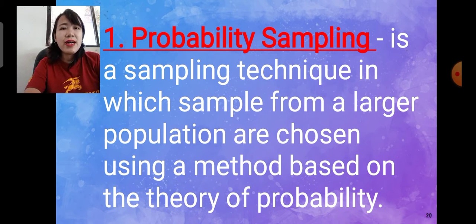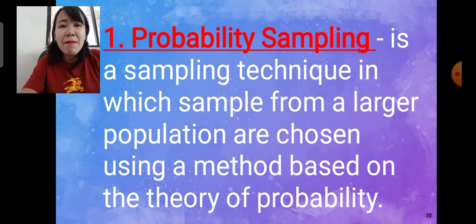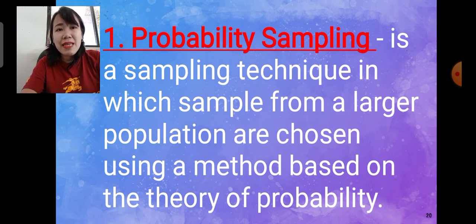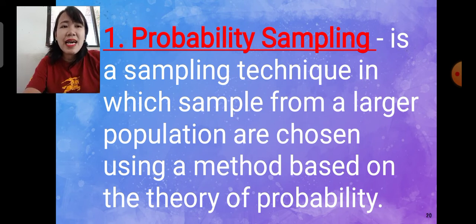But first, we define what is probability sampling. It's a sampling technique in which samples from a larger population are chosen using a method based on the theory of probability. So, if your respondents are larger, kumbaga, marami kayong kailangan na respondents, you need to choose probability sampling, kasi malakihang respondents ang kailangan dito.